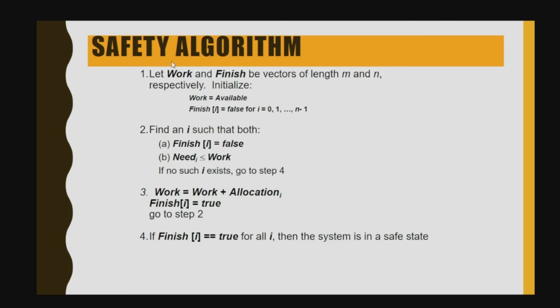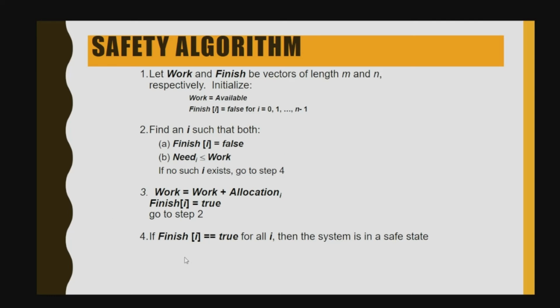Okay, here the first part: let work and finish be vectors of length m and n. And then find i such that both finish[i] equals false and need[i] is less than or equal to work. If no such i exists, we go to step number 4.